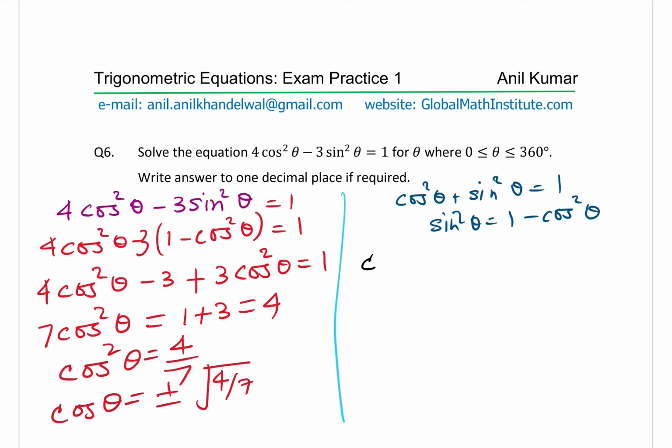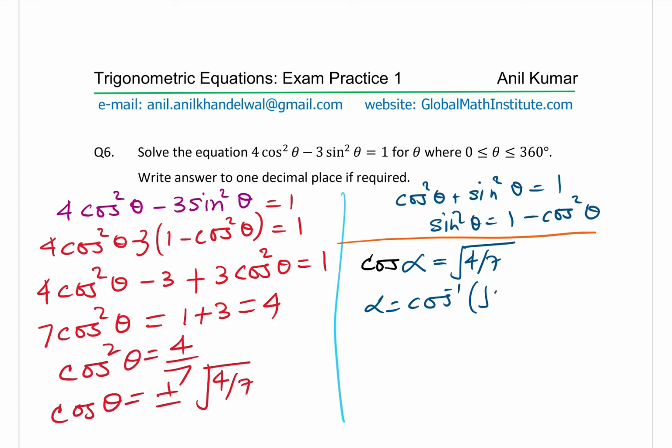So let's find the acute angle now. So we can say cos alpha, let's write like this. Okay, so we have cos of alpha, the acute angle we'll try to figure out, should be positive square root of 4 over 7. Let's use a calculator to find the value of alpha, which is cos inverse square root of 4 over 7.